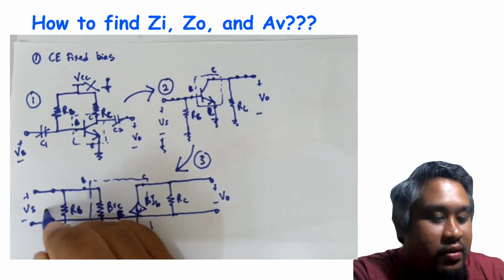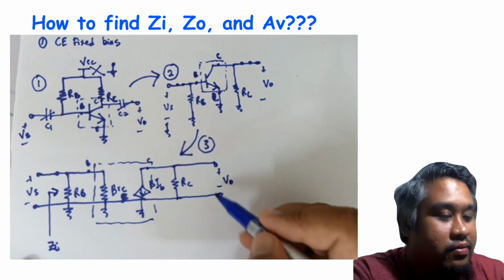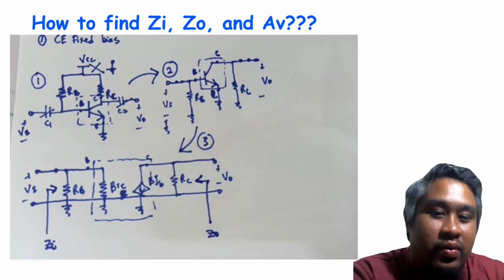ZI is here. And then Z out. Where is Z out? Z out is here. Okay, ZI and Z out. For the AV, later on I will show you.